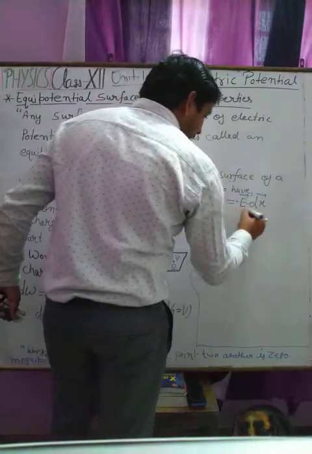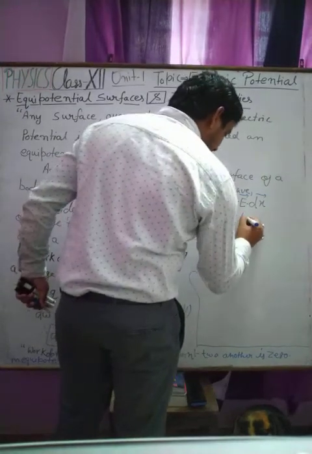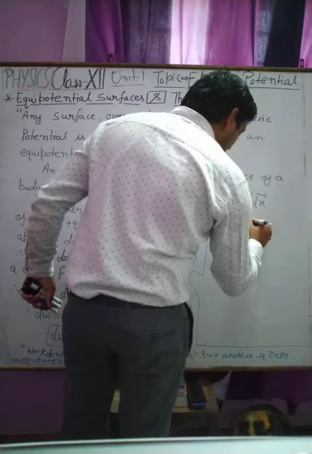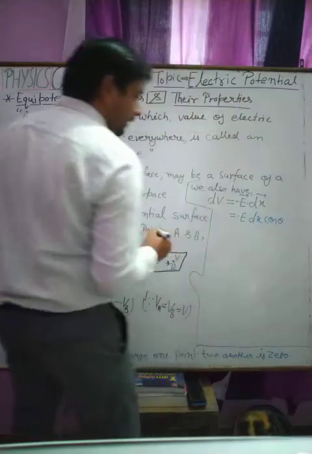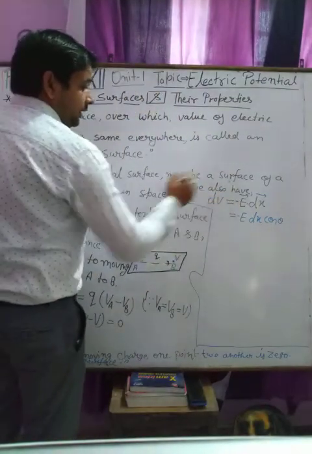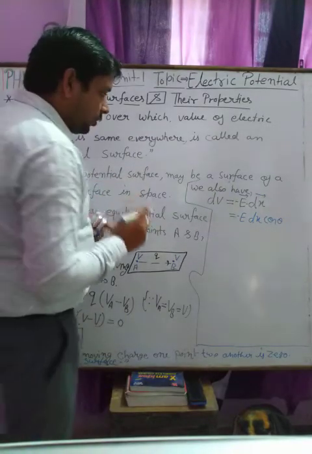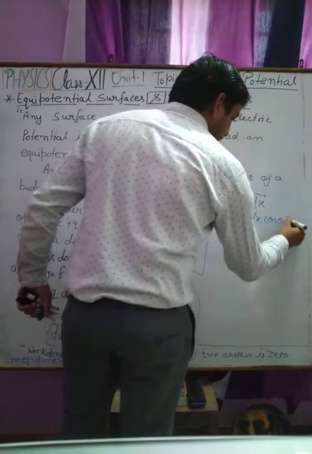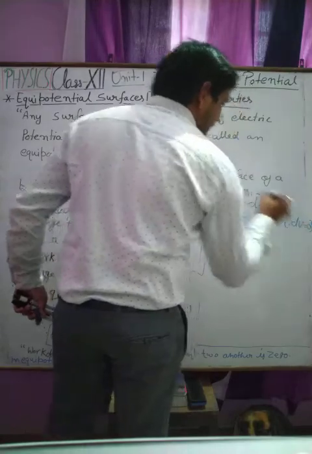So when we take this as a dot product, it is E dx cos theta. Now for an equipotential surface the potential difference is always 0, because dV is equal to 0.